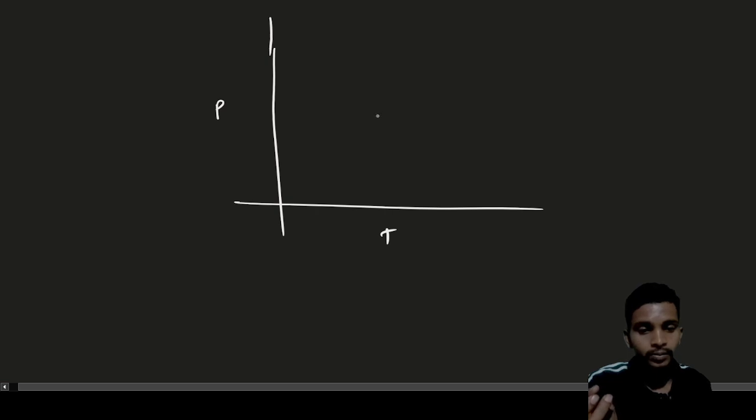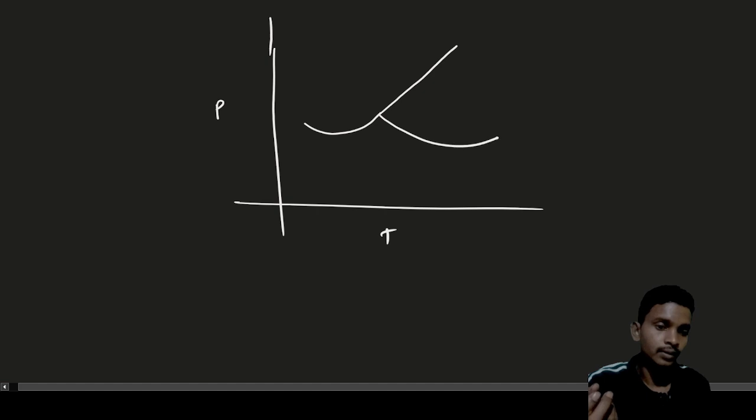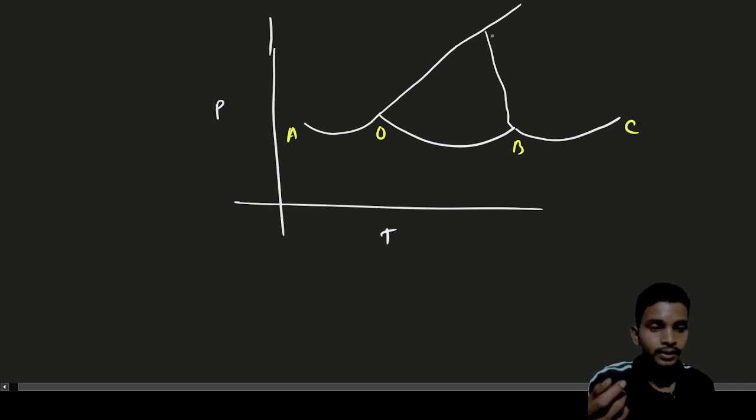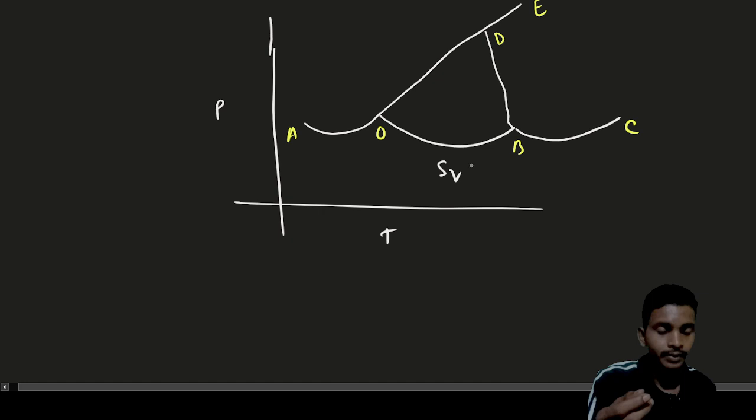Let's label the points A, O, B, C, D, E. The area below is the vapor area, SV.